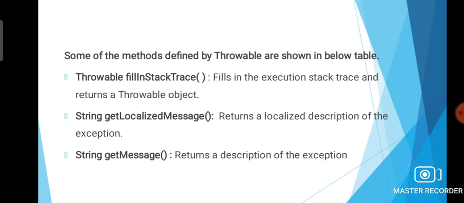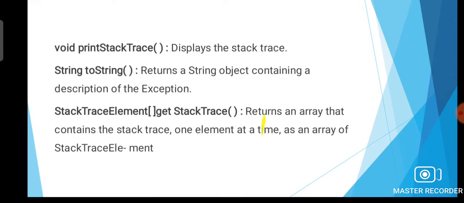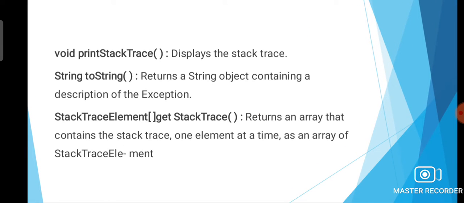String getMessage: it will also return the description about the exception in the form of a message. Void printStackTrace: it is used to display the stack trace. String toString: it is used to return the string object containing the description of the exception.